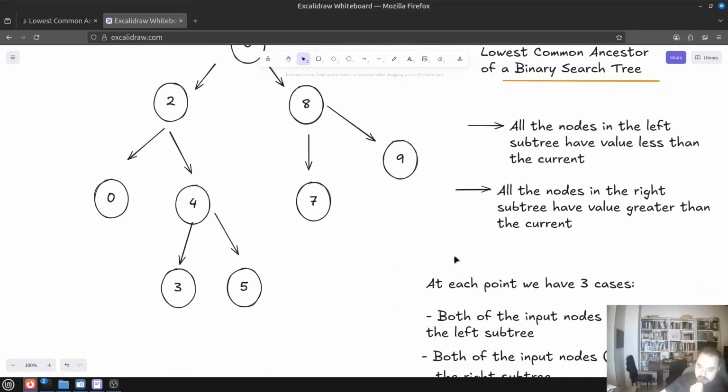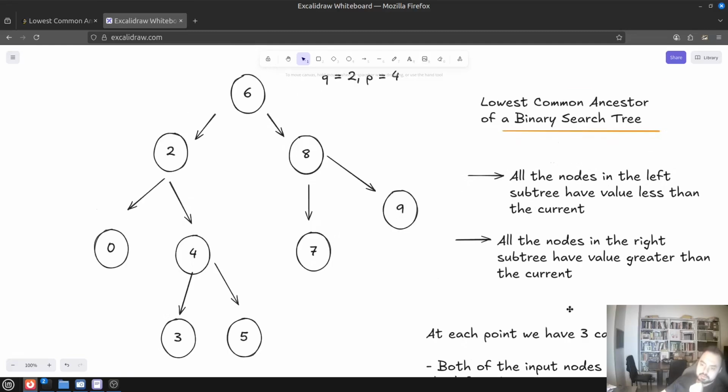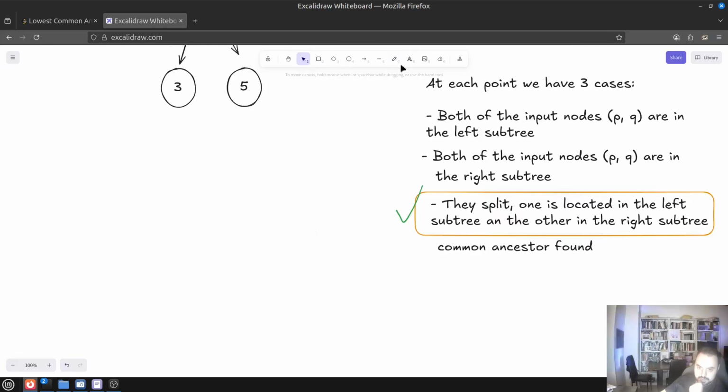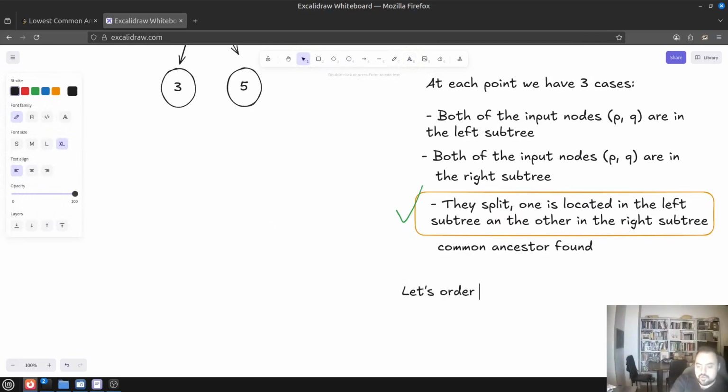So now, how can we tell if they are in the left subtree or in the right subtree? Well, we use those two properties of binary search trees. Let's order P and Q in such a way that P is always the smaller one.